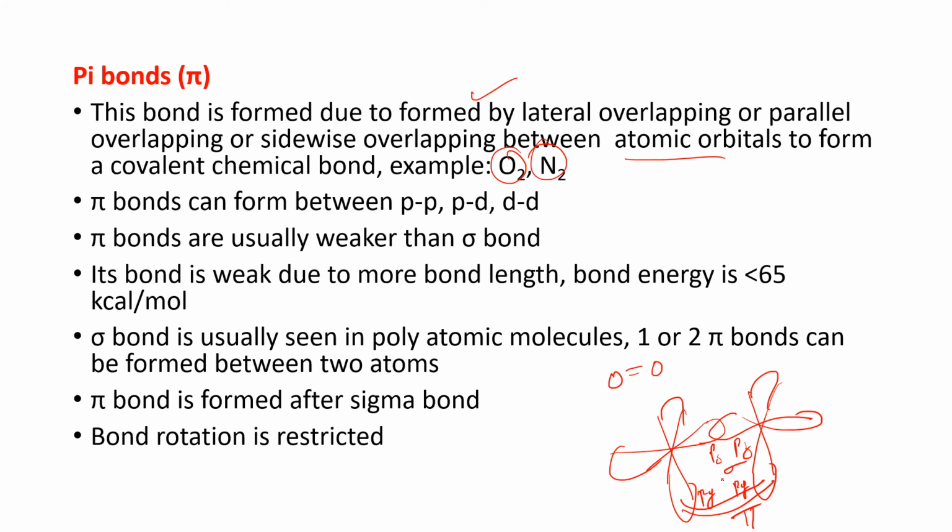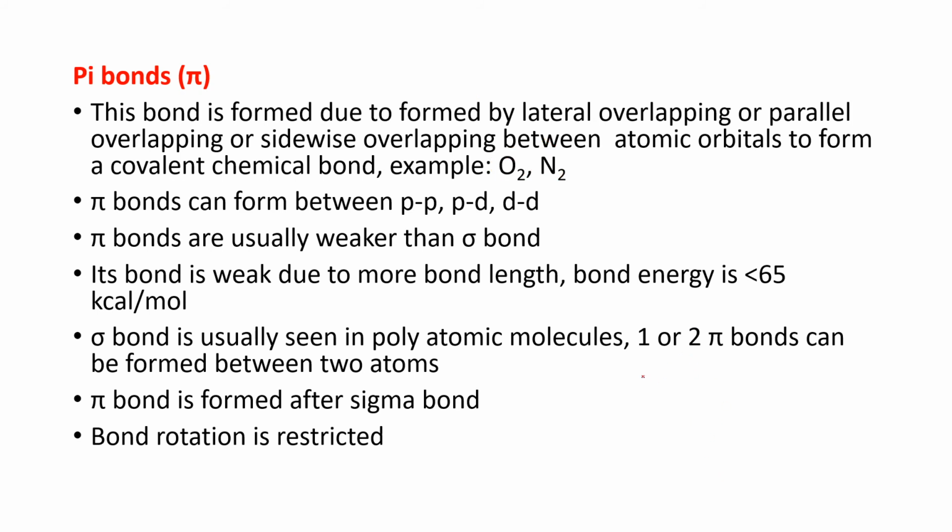So the next is the nitrogen. Between the two nitrogens, you can see three bonds are formed. The same thing that you have drawn in case of oxygen, you can draw in this way, the orbitals. And the next is here.